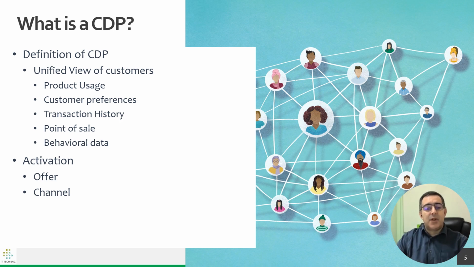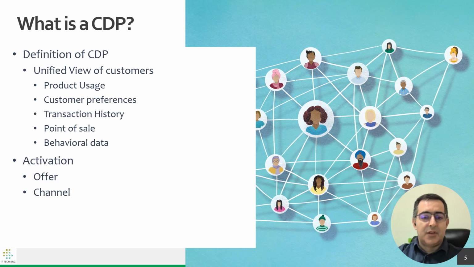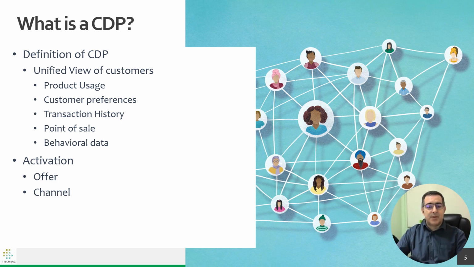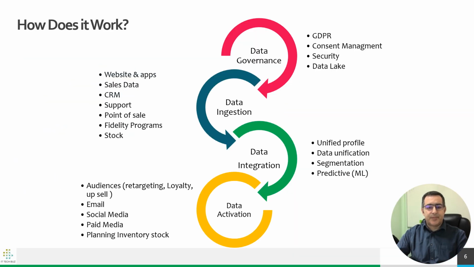If you know all the customers' preferences, you can do recommendations like others do, like Amazon. You can do that with the CDP as well, because you have all this data together, and then you can put on top of it artificial intelligence, machine learning algorithms, generative AI as well.